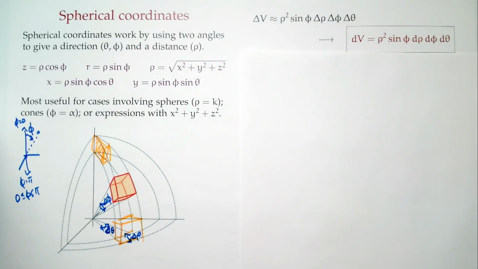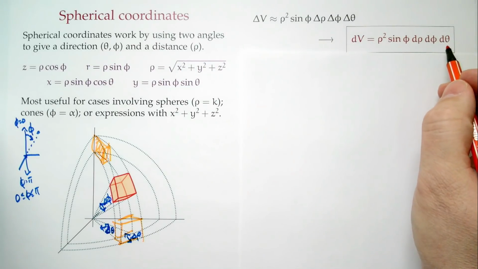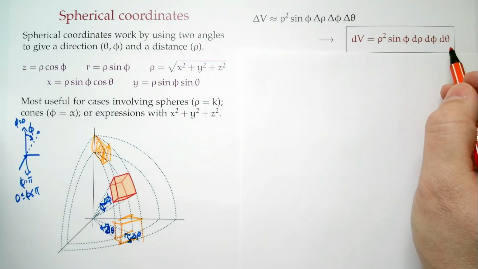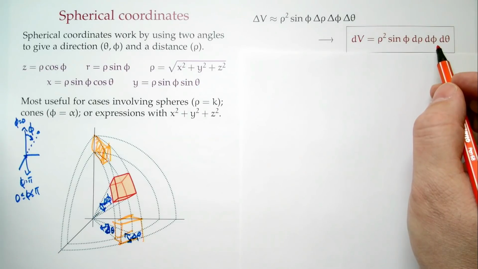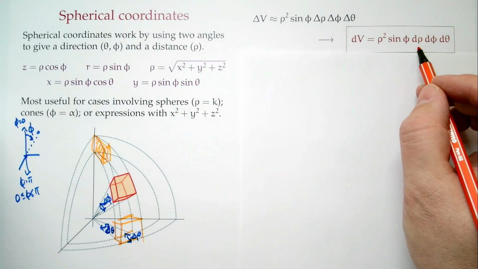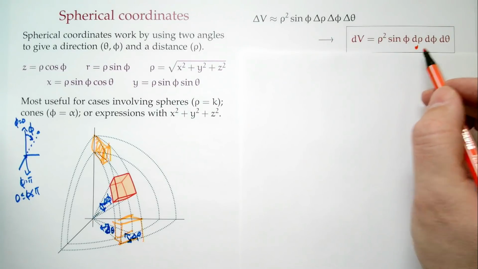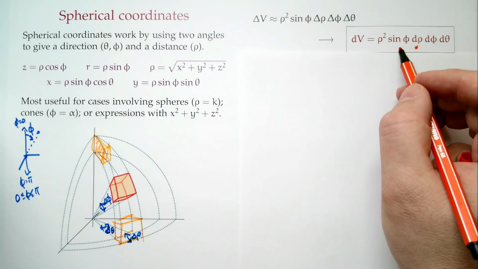All right. Another check. Let's check to see how many distances we have. Is this d theta a distance? No, it's a change in angle. That doesn't measure distance. How about d phi? No. D rho? Yes. Okay, sine of phi, is that a distance?